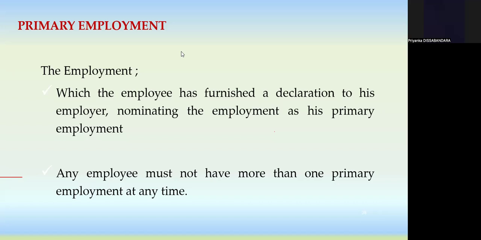We have power to check all the documents available in that institution. We can check registers. We can check anything. The Commissioner General has power to collect any document, any computer, any device in the institution. So we can check, examine and scrutinize to find out the hidden income.